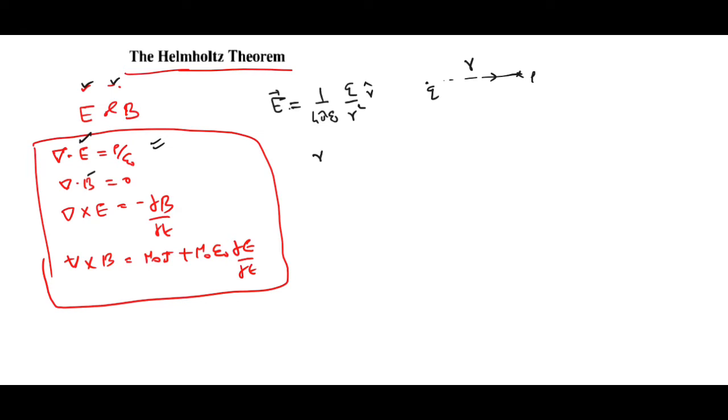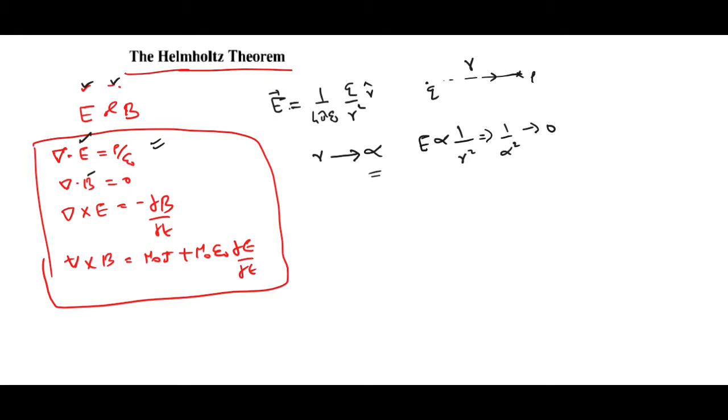Here the boundary condition, we can say that when r tends to infinity, this electric field is proportional to 1 by r square. That means it will be 1 by infinity square, which goes to 0. The electric field vanishes far away from the point charge Q. This is the boundary condition.